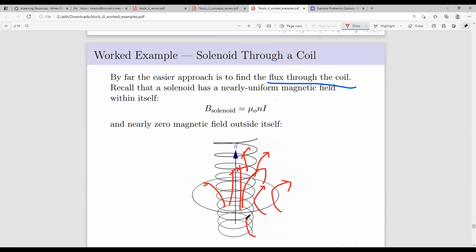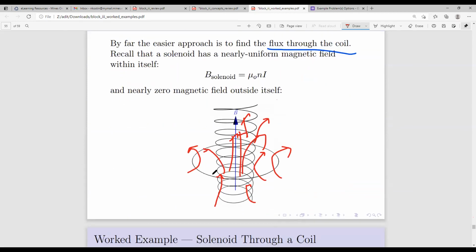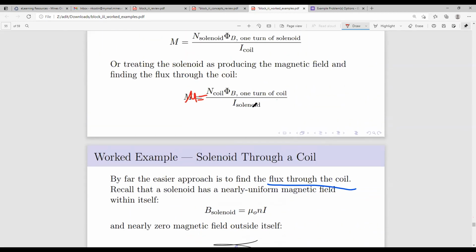So determining the flux through the solenoid as a result of the B field produced by the coil is just a nightmare. Luckily, we don't have to do that because we can instead work the other way around. We can find the mutual inductance by considering the number of turns in the coil, the circular coil here, as produced by whatever is coming out of the solenoid.